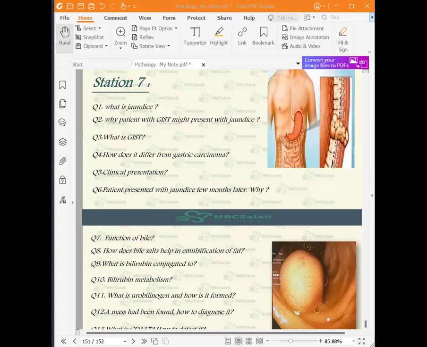Biliary obstruction around the ampulla of Vater from tumor compression, or metastasis to the liver, or the use of hepatotoxic imatinib in treatment.